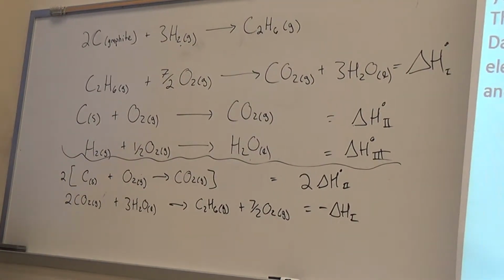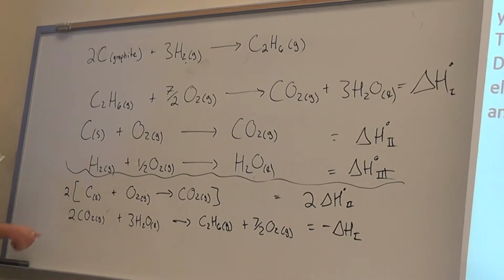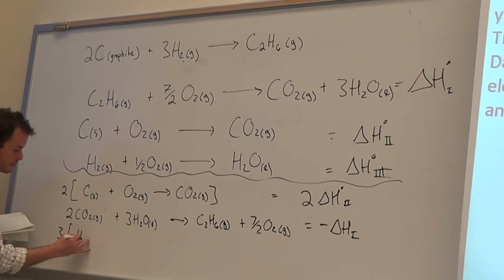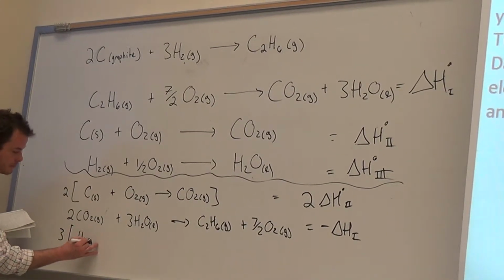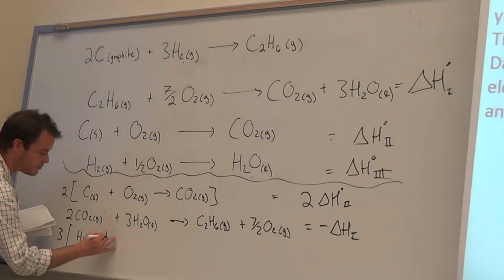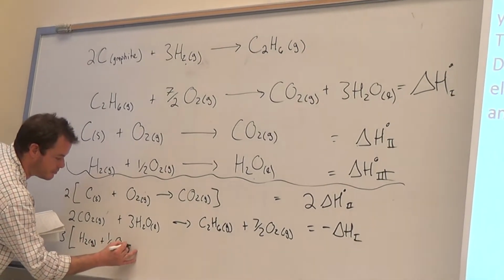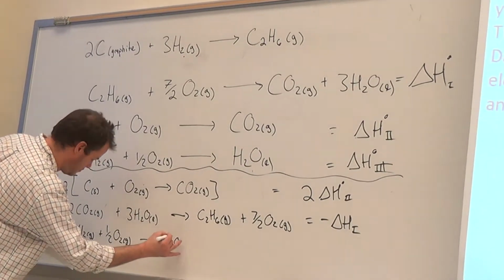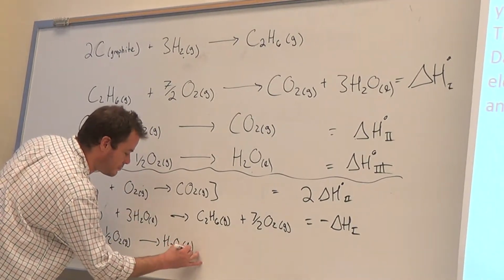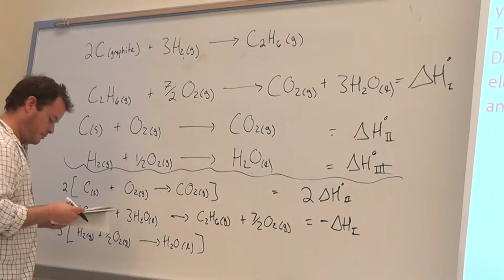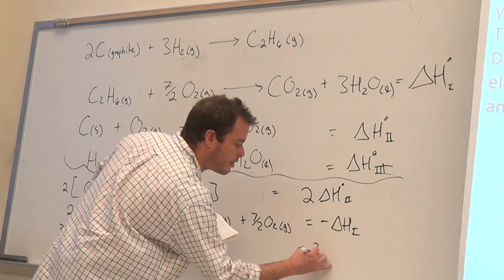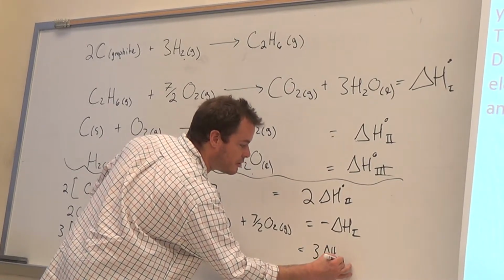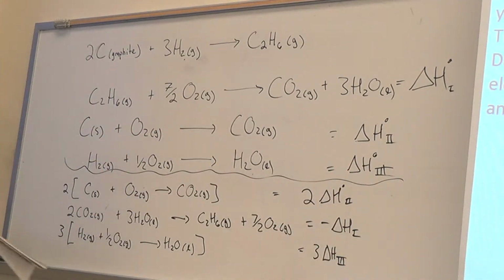And then we take that last reaction, that H2 reaction, we multiply it by 3. That would be 3 times delta H reaction 3.